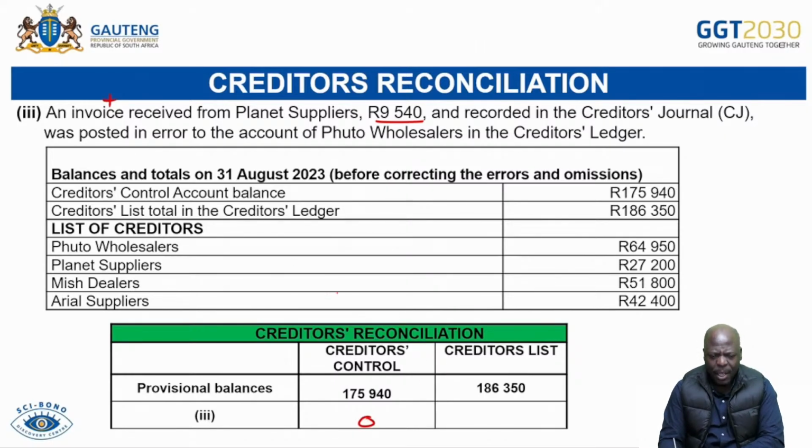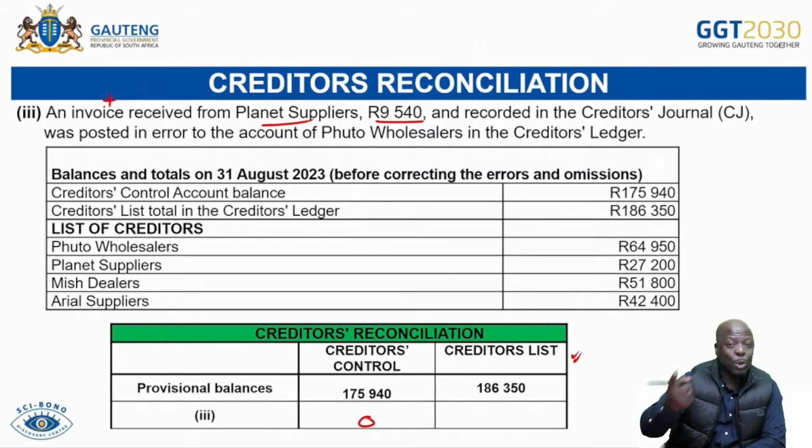Now, an amount which is a plus, which has to do with goods we bought from Planet, and Planet is in the list, was posted to Puto. So I would come to my list and say, because we bought the goods from Planet, let's go to Puto and take it out.